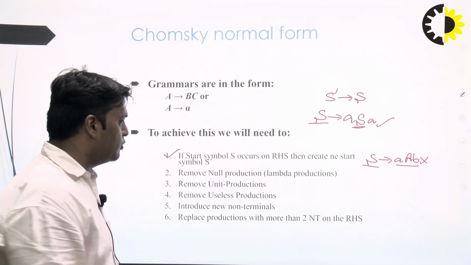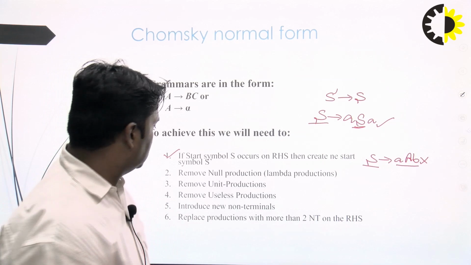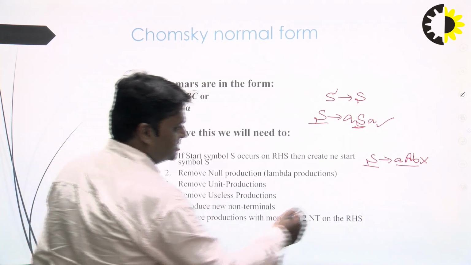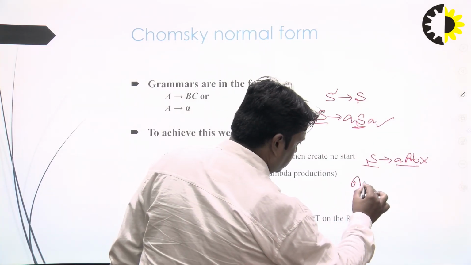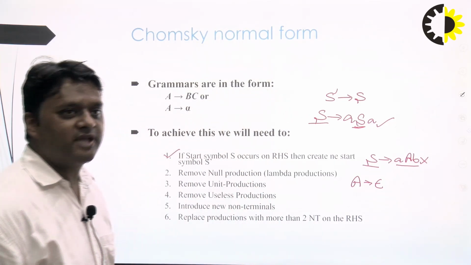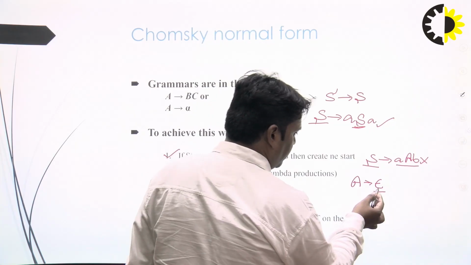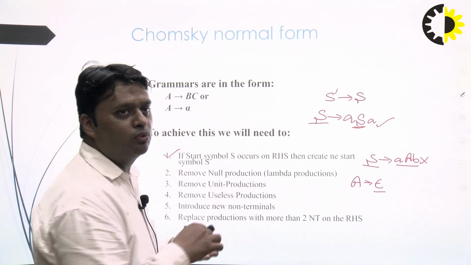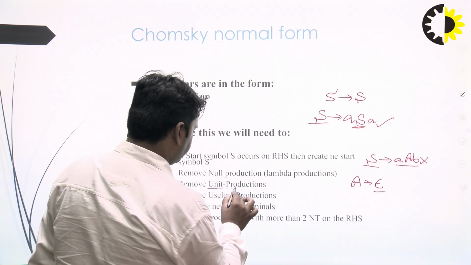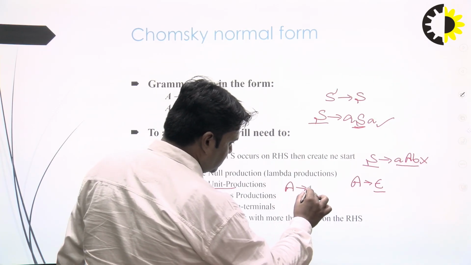Second step: remove null production, that is also known as lambda production. Then remove unit production. Null production is a production that derives epsilon, and if there is a null production, then we have to remove it. A unit production is a production where a non-terminal derives a non-terminal.